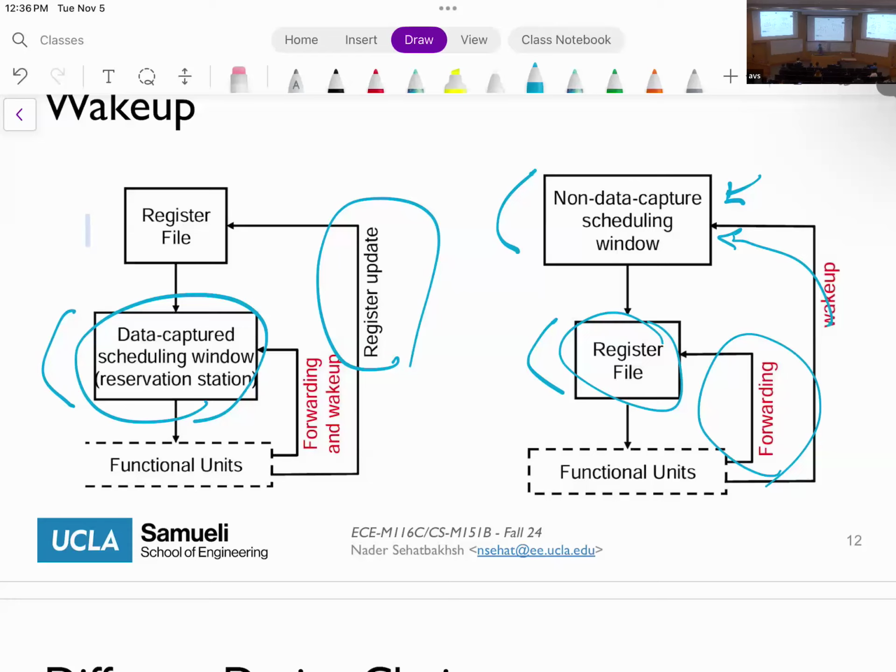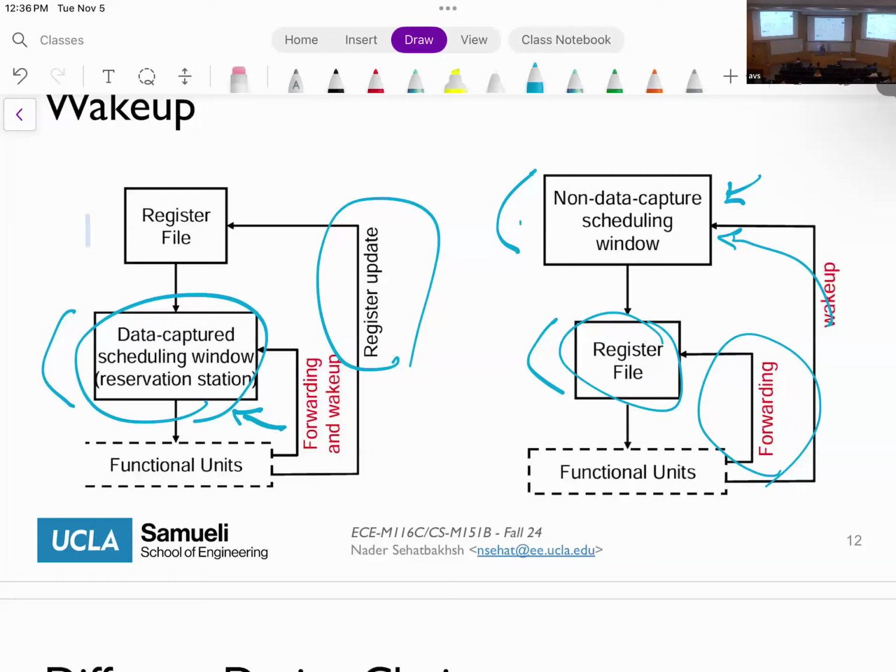There are different trade-offs for each one. Here, things are slightly simpler to implement in terms of complexity, but it means that there needs to be more ports going to your reservation station, right? Versus here, things are kind of distributed, so simplified hardware design in this case, but a much more complex algorithm for wake up, because you need to wake up and send things to the reservation station.